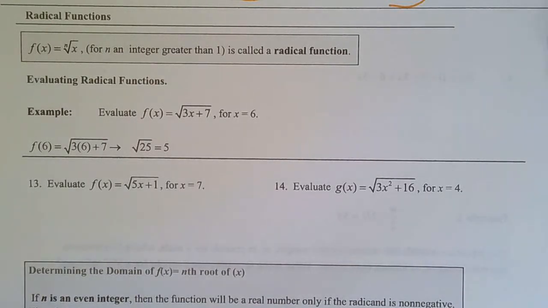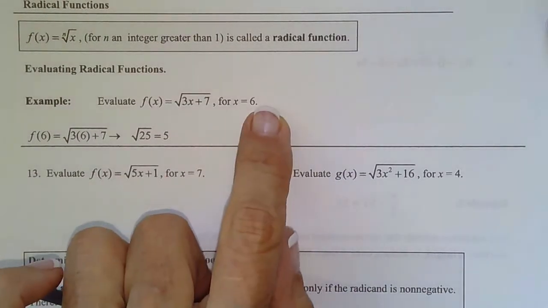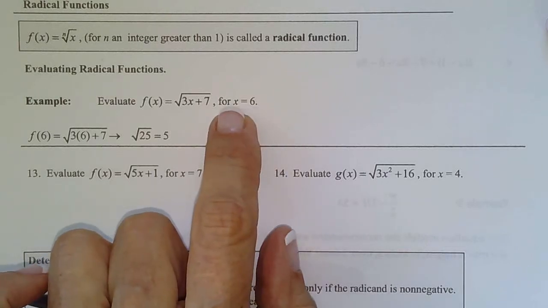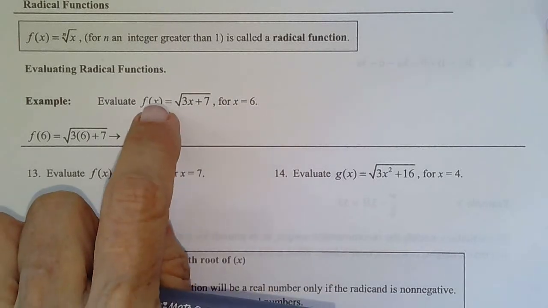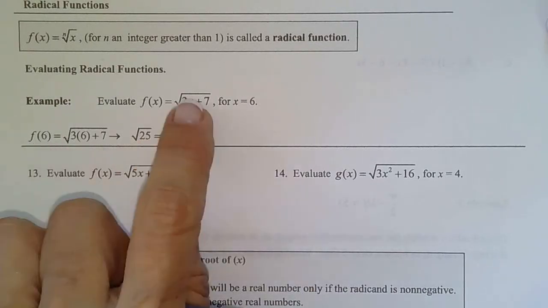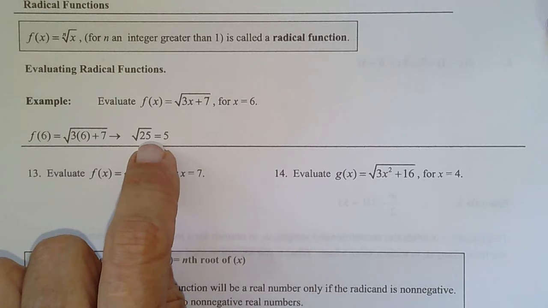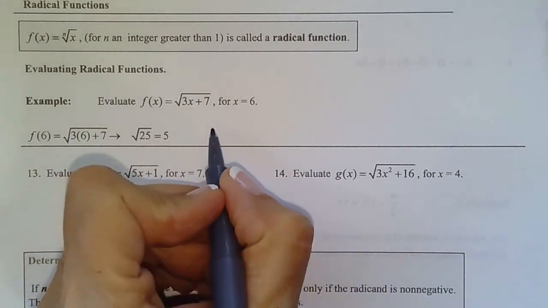So to evaluate, you do it just like you would any other function we've done. When they ask us to evaluate for x equals 6, everywhere we see an x, we replace it with 6. So f of 6 is the square root of 3 times 6 plus 7. 18 plus 7 is 25. Square root of 25 is 5.